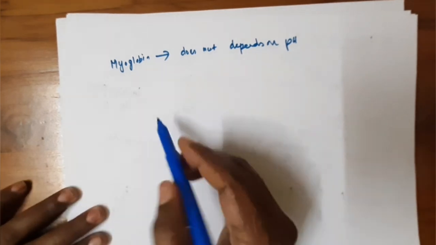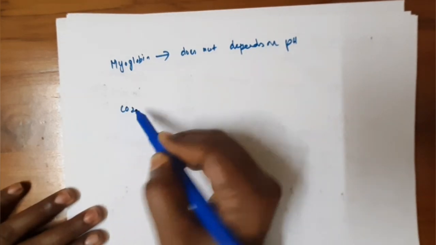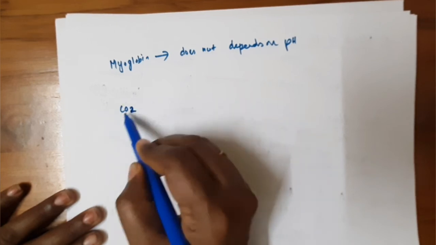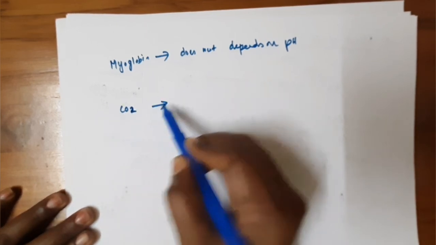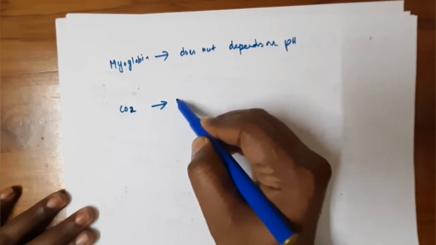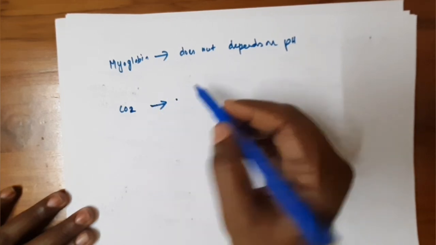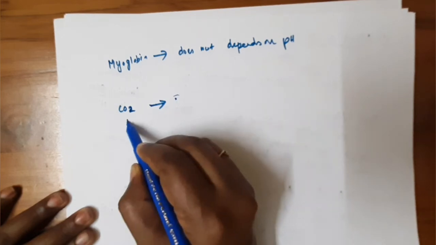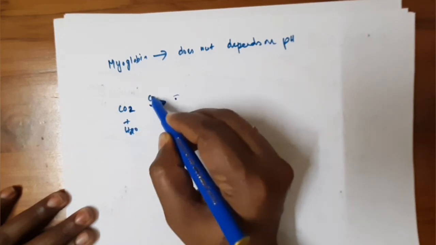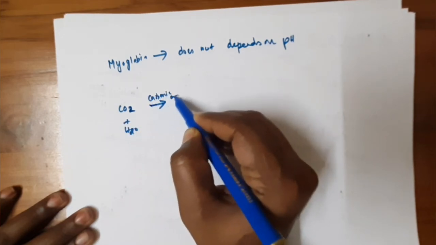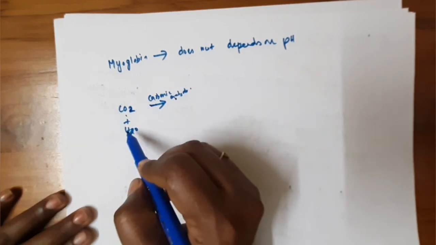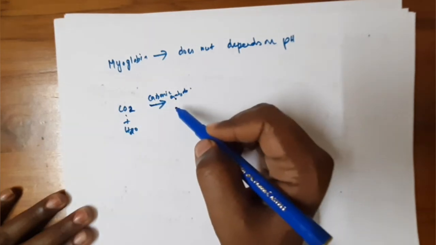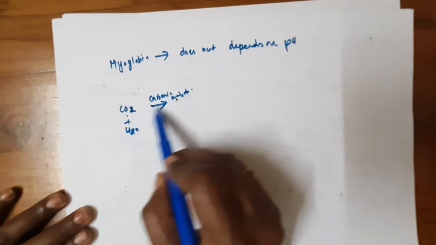Okay, so the carbon dioxide liberated from cell respiration is taken up by carbonic anhydrase, an enzyme. This carbon dioxide is taken by the protons surrounding the hemoglobin and carried to the lungs.